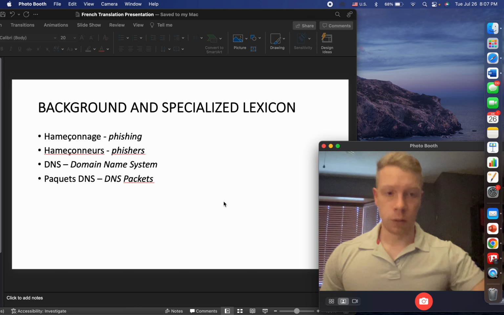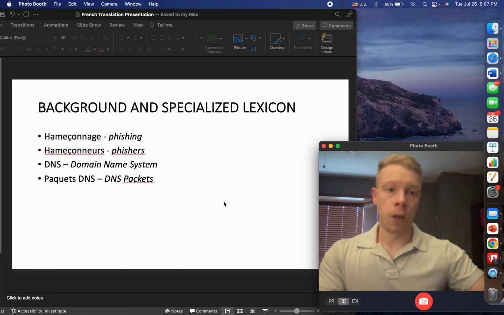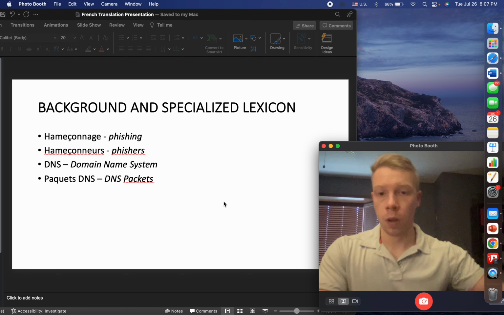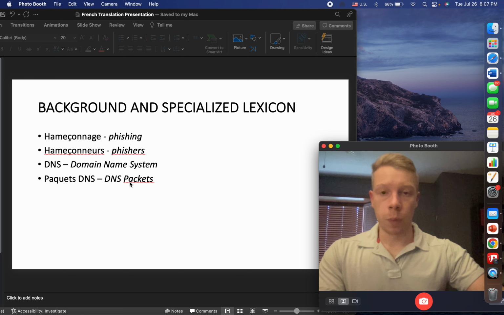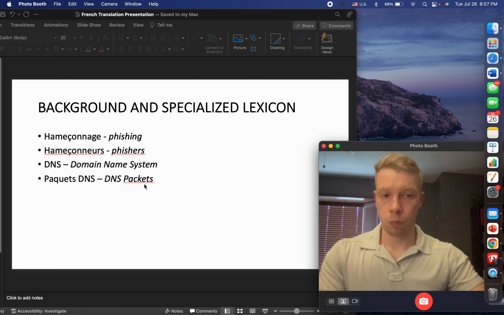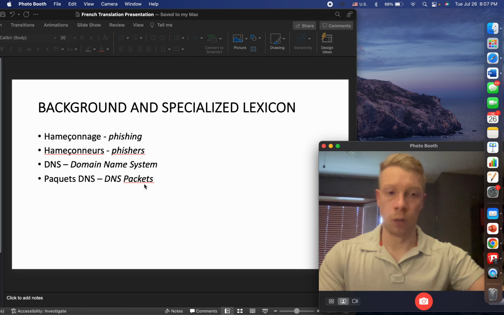So the domain name system functions in this way so that we as human beings can enter language that we understand, which is then interpreted by a computer, converted to numbers, and processed by a computer. DNS packets refer to this process of relating groups of numbers to text understood in human language.